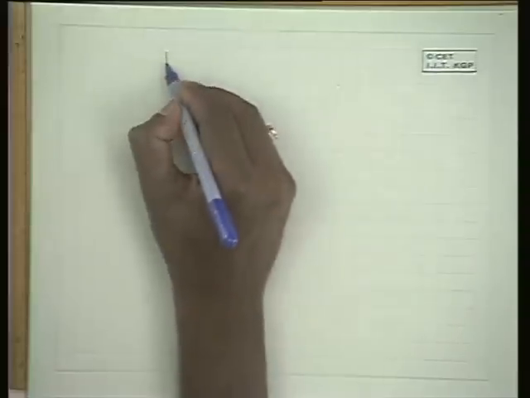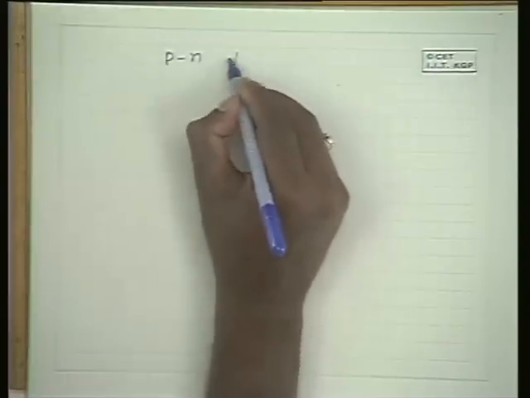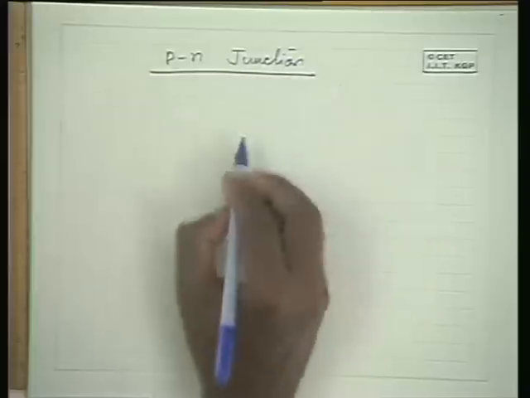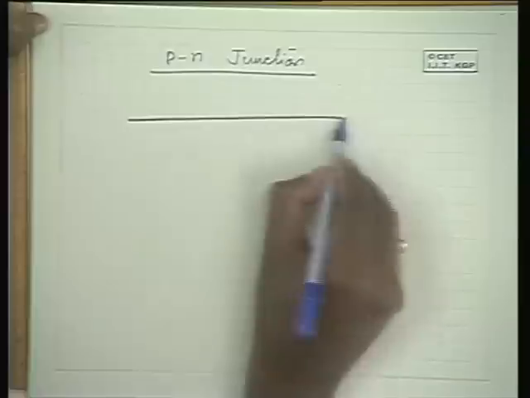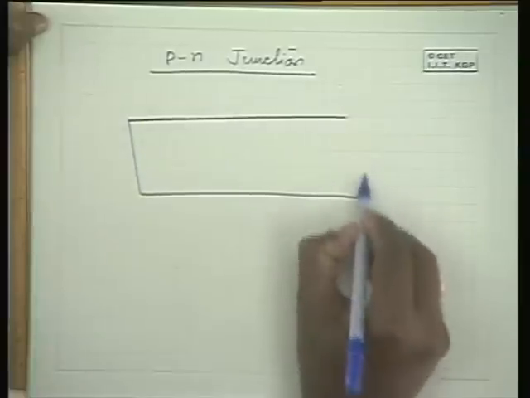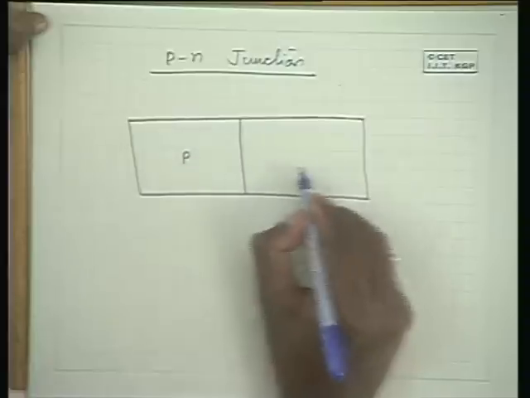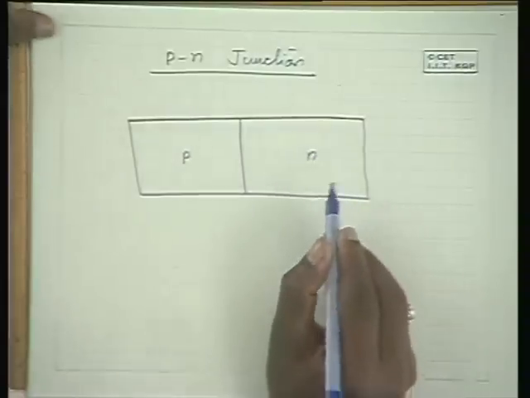Okay, so we shall just look at this diagram, the p-n junction. So we have p-type material and n-type material.